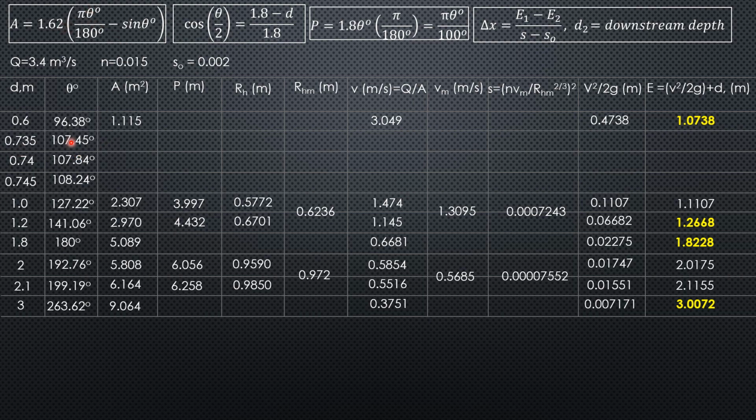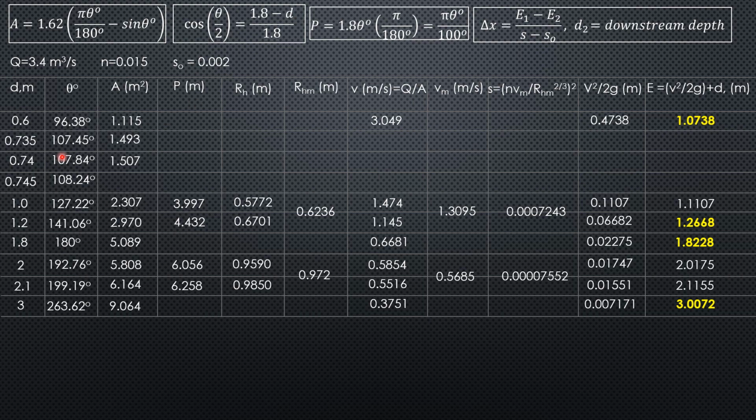So let's solve for theta first. Next is 0.74. Replace this by 0.74 in your calculator, you'll get 107.84. Then 0.745, you will get 108.24.